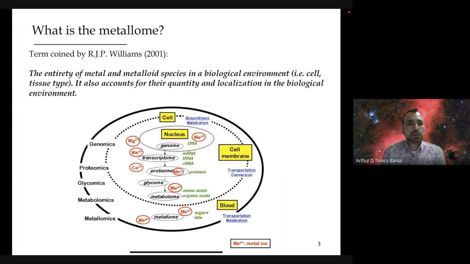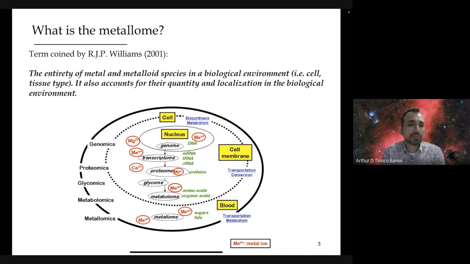So I want to introduce a term that is closely affiliated with the concept of pH-dependent aqueous speciation. It is the metallome. You probably are familiar with the term omics, which has to do with a general study of different species in a biological environment, where they're localized, but very importantly, how they display their functionality with respect to other species in that environment.